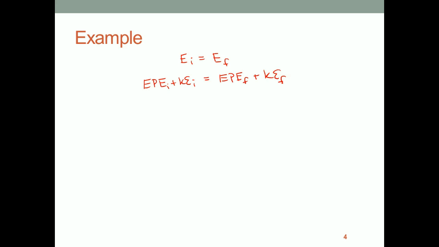I'm going to move all of the KE stuff to the right and all of the electric potential stuff to the left. And that gives us that the change in electric potential energy with a negative sign, because I'm bringing this over. Let me back up a step and just fill in the blanks really quick for you. Okay, so now bringing all the electric potential energy stuff this way.